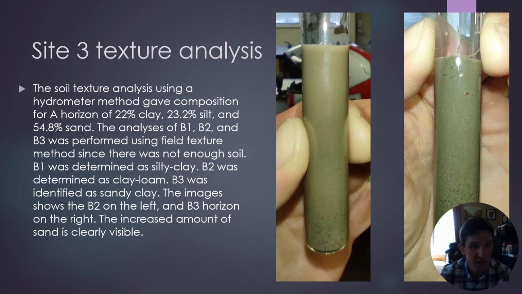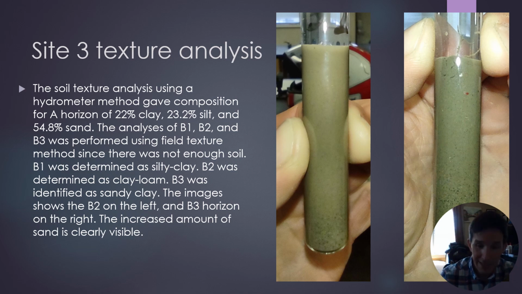Let's move to the texture analysis, and here we only had enough soil because our A horizon was very extensive. We were only able to do the hydrometer analysis of the constituents there, and it came up as 22% clay, 23.2% silt, and 54.8% sand.